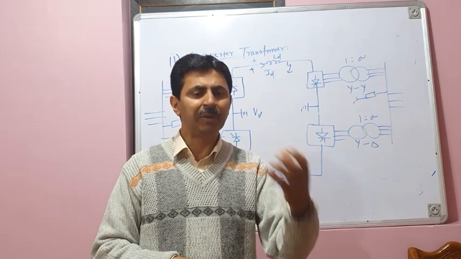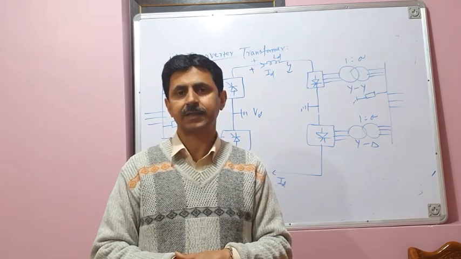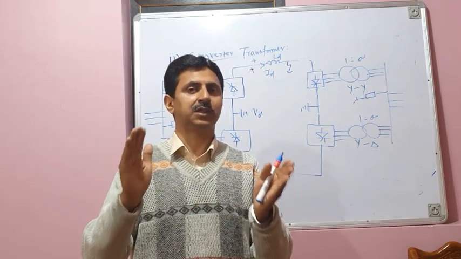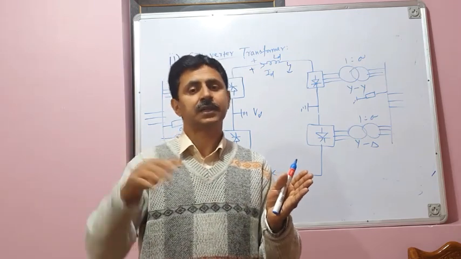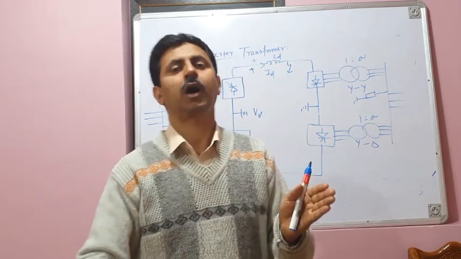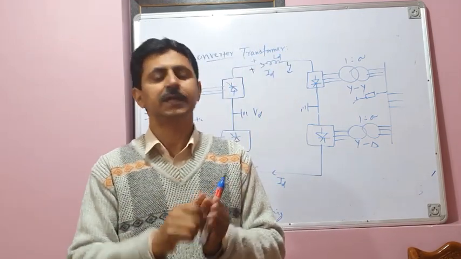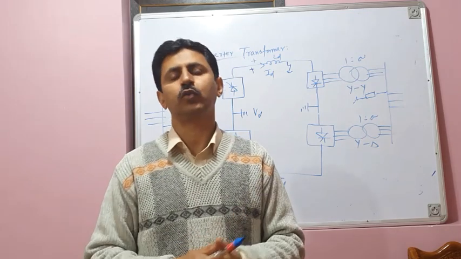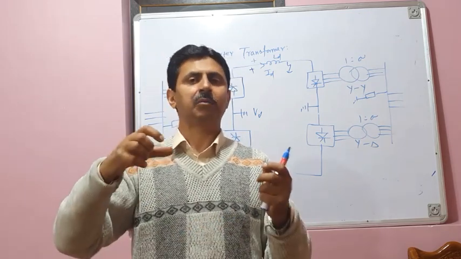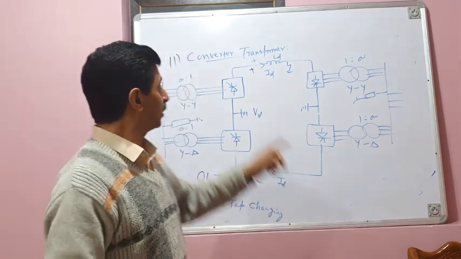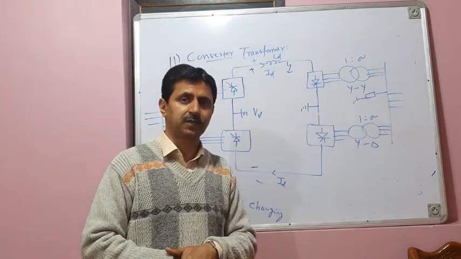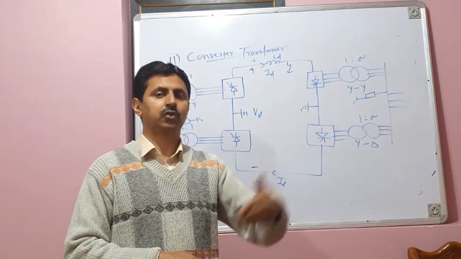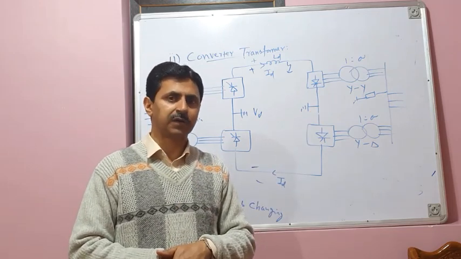So in order to limit the magnitude of fault currents, these converter transformers are designed with high leakage impedance, because in case of large fault currents, it is the leakage impedance of the transformer which will limit the magnitude of short circuit currents. Therefore, these converter transformers are designed for large leakage impedance as compared to conventional power transformers.